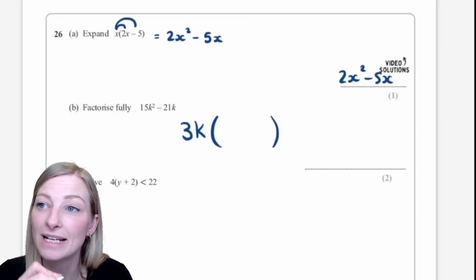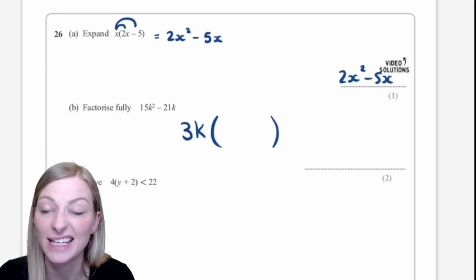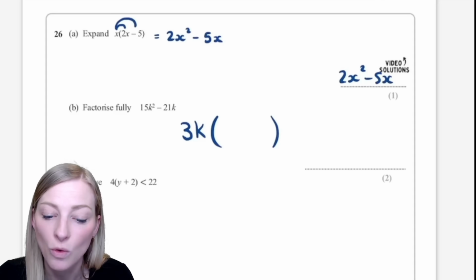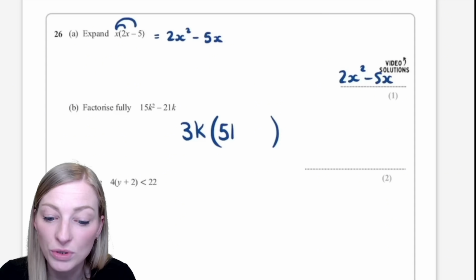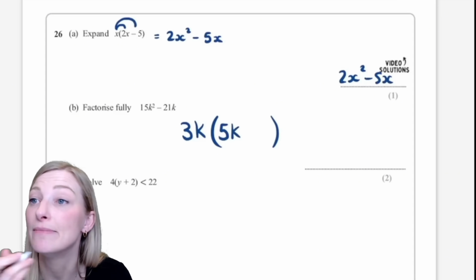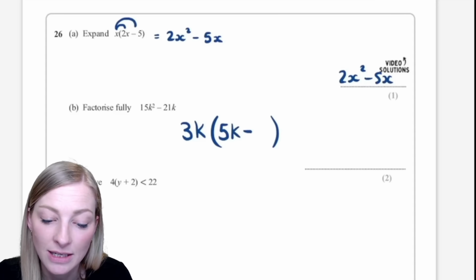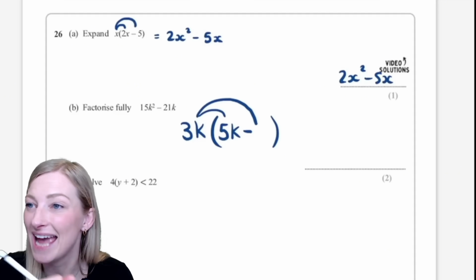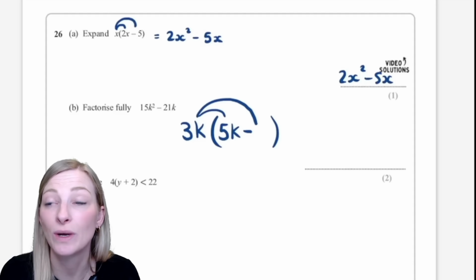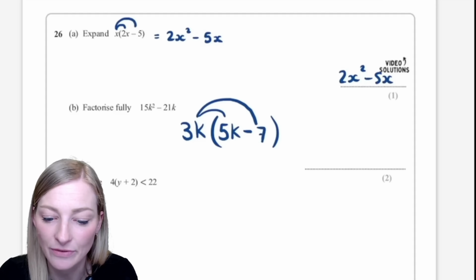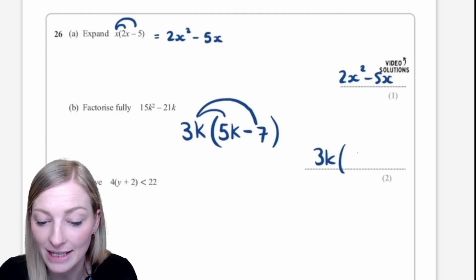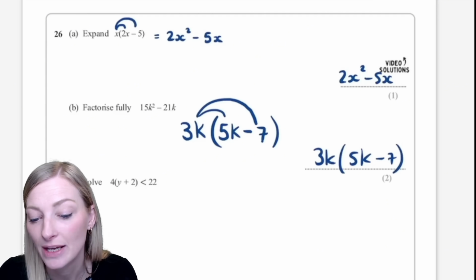What would we need to multiply the 3k by to get 15k squared? Well, we need to multiply it by 5, but also by k, because the k multiplied by the k gives us k squared. Then subtract, and now we need to think about 3k multiplied by something that makes 21k, and that is going to be 7. So 3k brackets 5k minus 7 is your answer there.